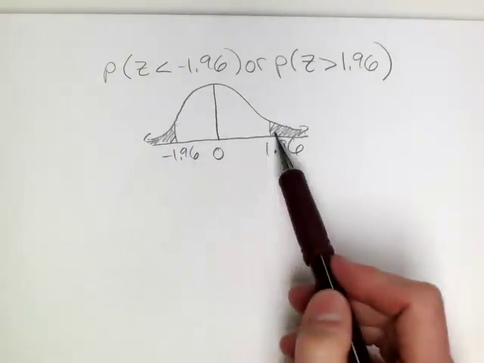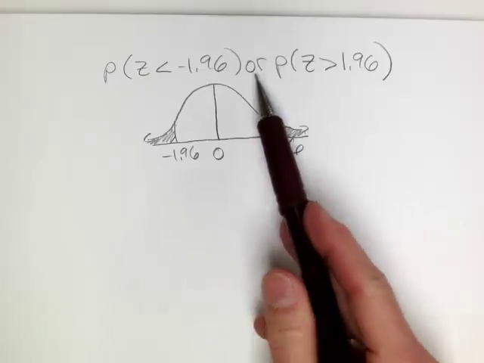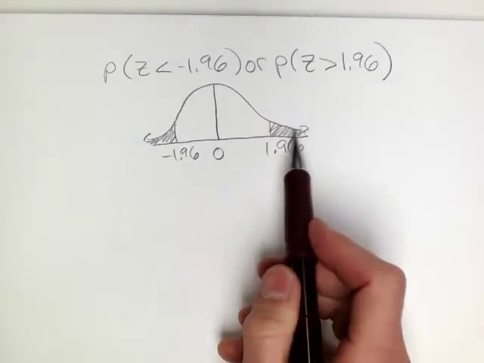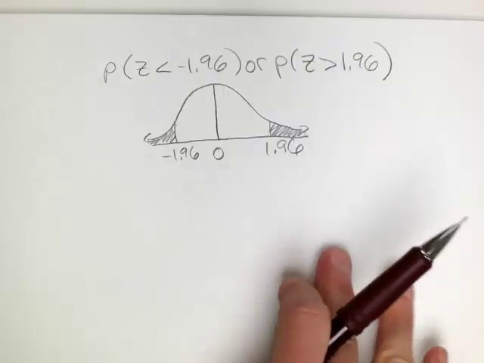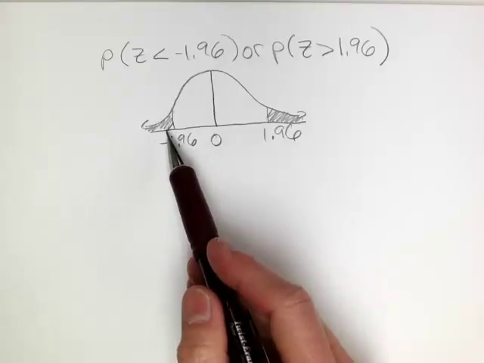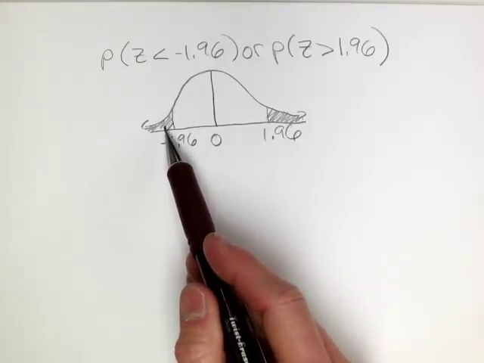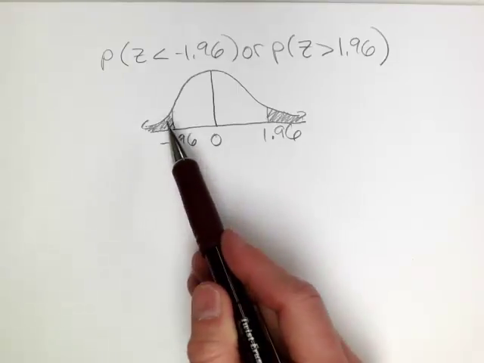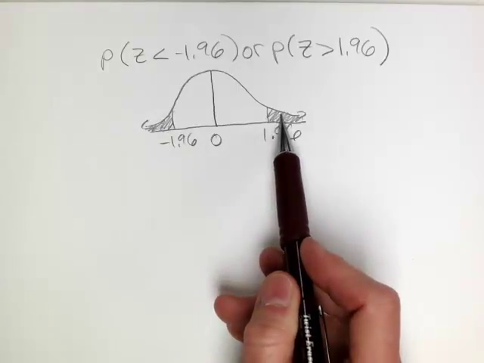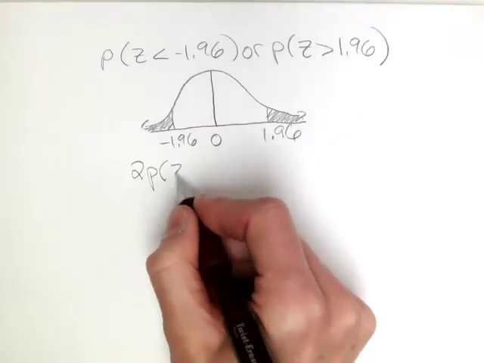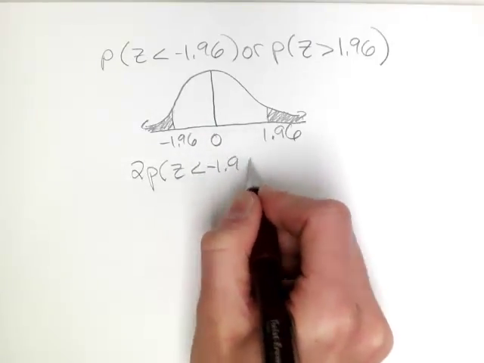Okay, so thinking back to chapter 3, I've got a mutually exclusive case. I've got two probabilities and I'm using the or word, so I want to be adding these. So I'm going to be adding this area to this area. Okay? So one way to approach this is to recognize the fact that I have symmetry here. So this shaded area is going to be the same as this shaded area. So really, this is going to be 2 times the probability z is less than negative 1.96.